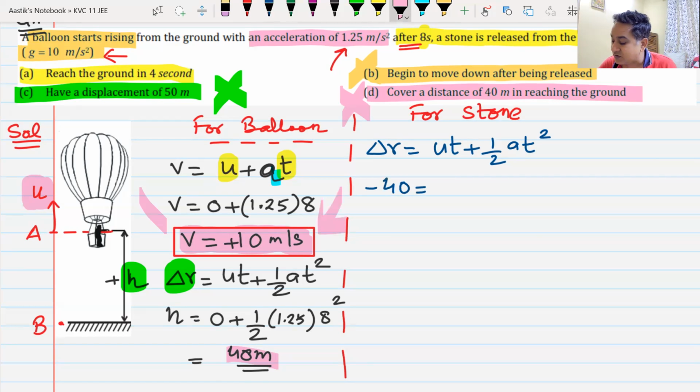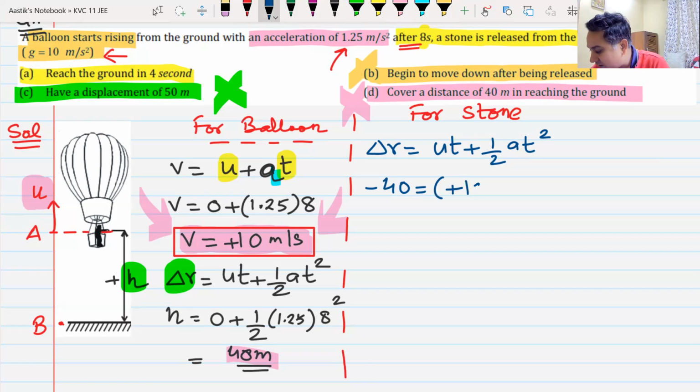Just to keep it in the showcase, wow, we have calculated V. Let us keep it there. It looks good. Why did we calculate this V? Because it is the initial velocity of the stone. Yes, sir. Thank God. We understand this.